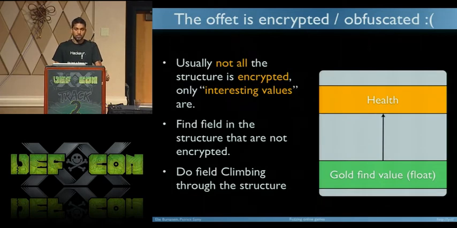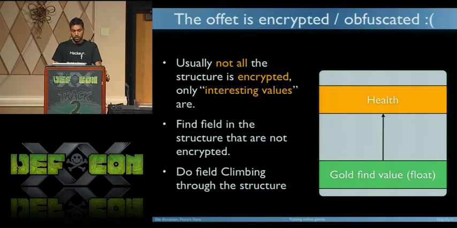What if the offset is encrypted or obfuscated? Usually, not all of the structure is encrypted. It's only the interesting values. So you need to find a field in the structure, for example the player structure, that is not encrypted.